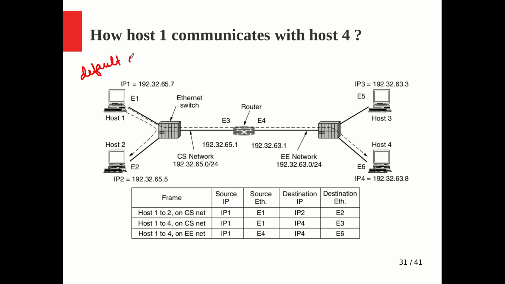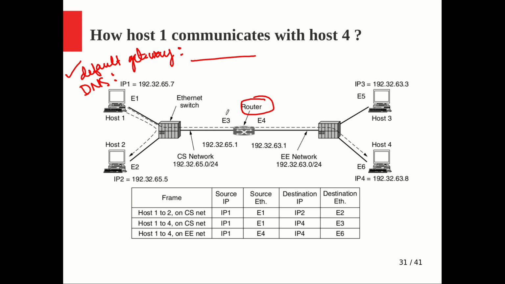That is nothing but the default router. You will also see the DNS server address and much other information in the network configuration of your machine. Every machine remembers its default gateway.